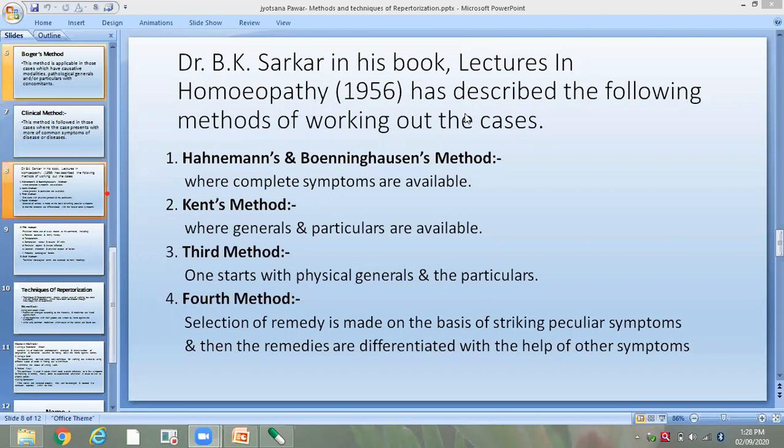So in this way, the fourth method is useful when we get a strong, peculiar, striking characteristic symptom in the case.